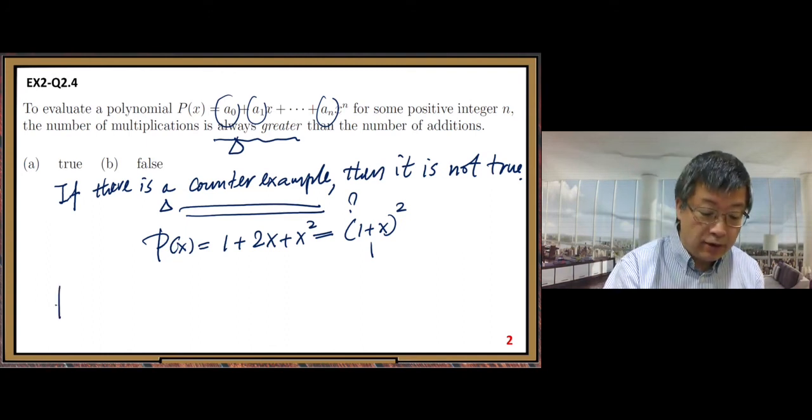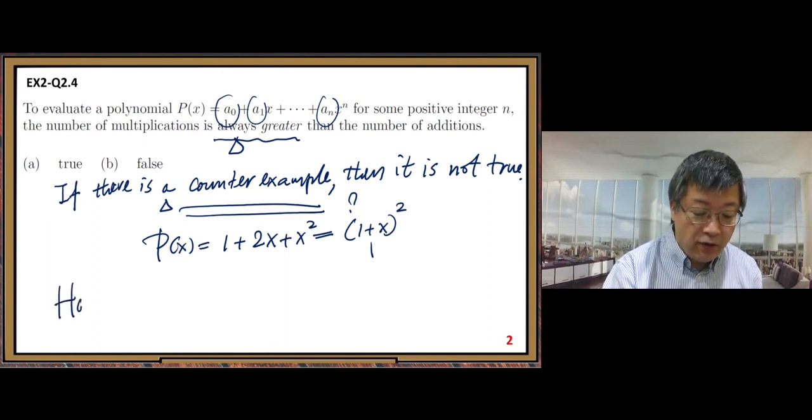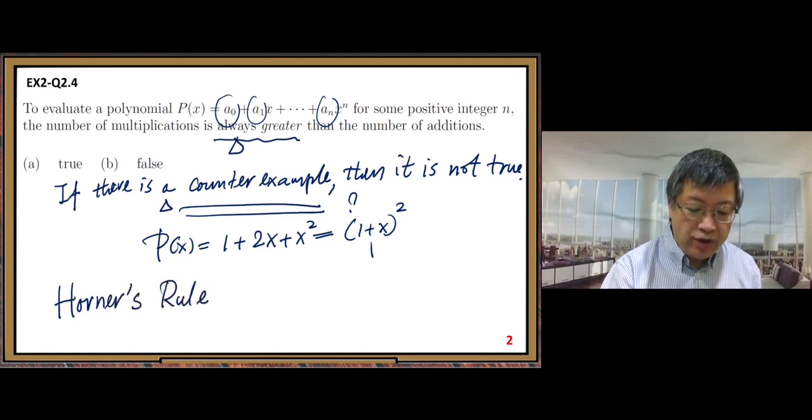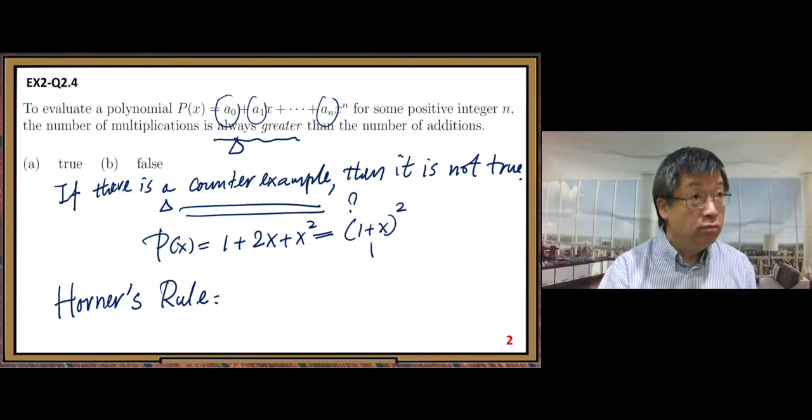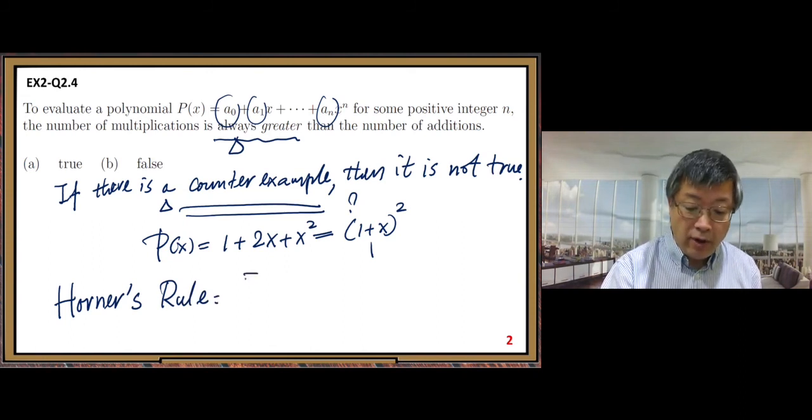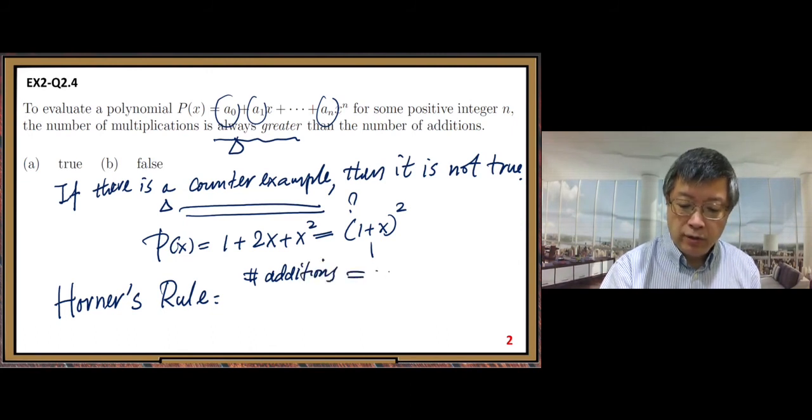This is another example of Horner's rule. If we just use Horner's rule, the number of additions equals the number of multiplications.